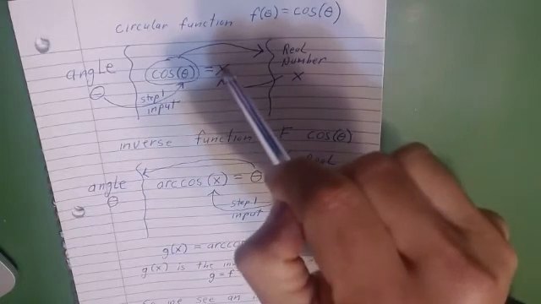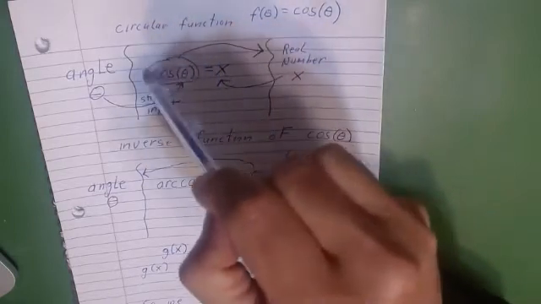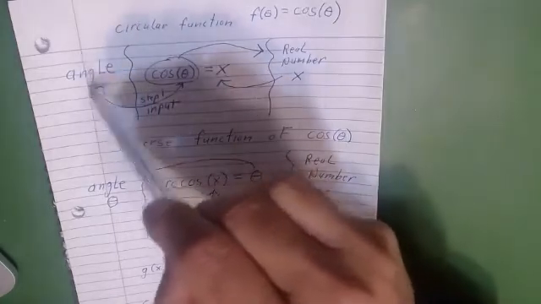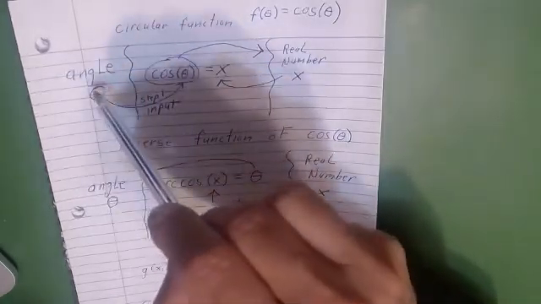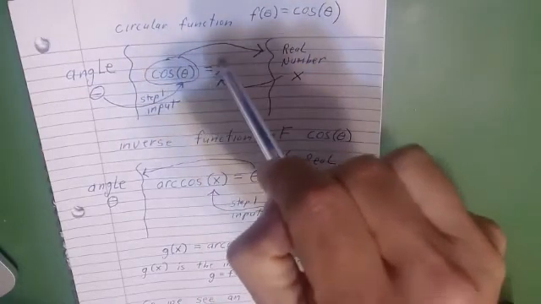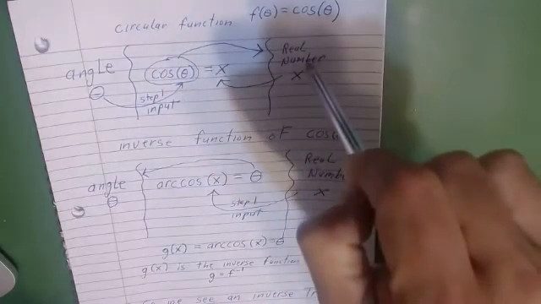So x is purely a real number here, and it's the output of this cosine function. So we go from angle space, we get a particular angle, we put it into the function, and we output the value of the function, which is a number that comes from this other space.